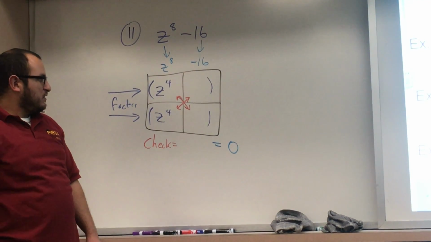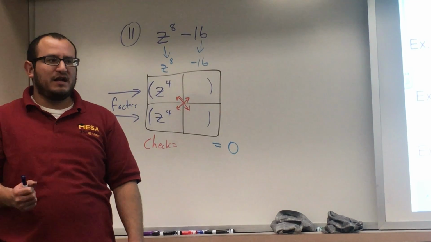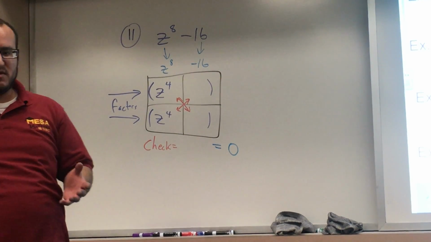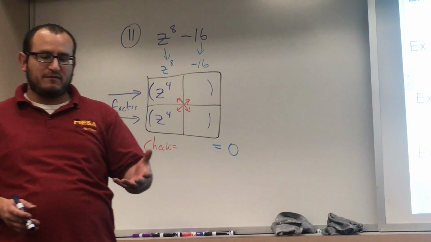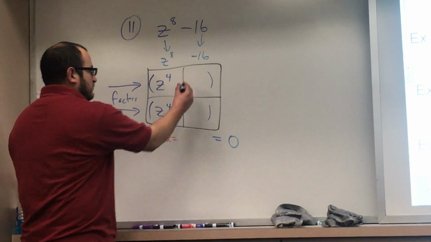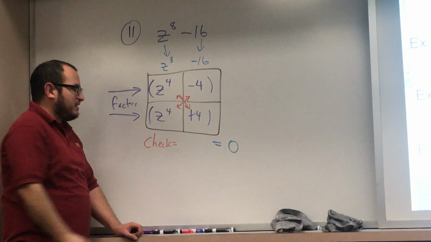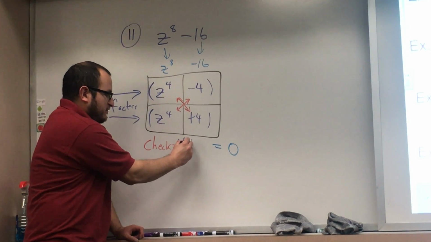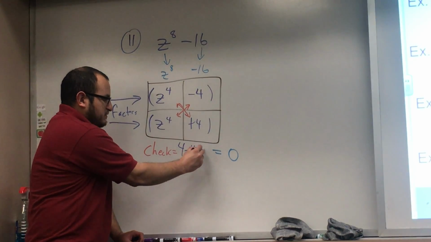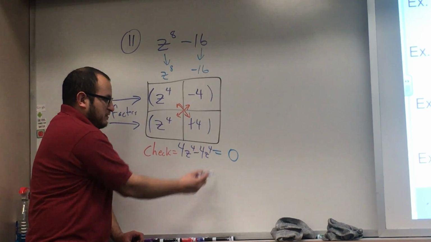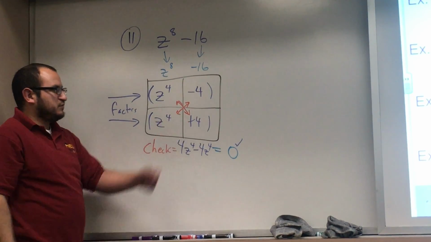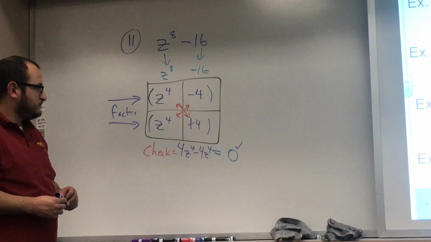Negative 16: how did we get negative 16 where you multiply the same number? The only number that works is negative 4 and positive 4. And when you cross-multiply, we get 4 z to the 4 minus 4 z to the 4, which gives you 0. So we're done.